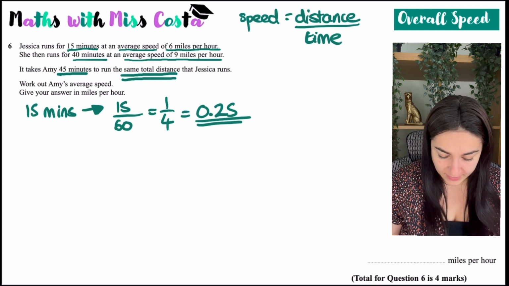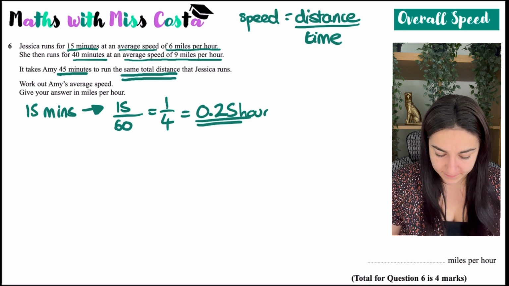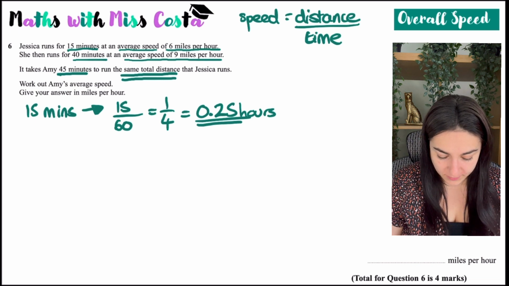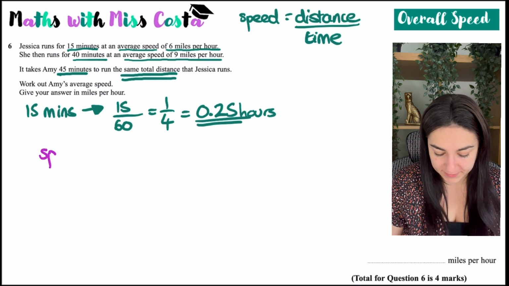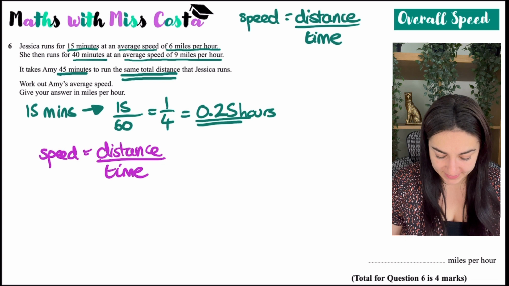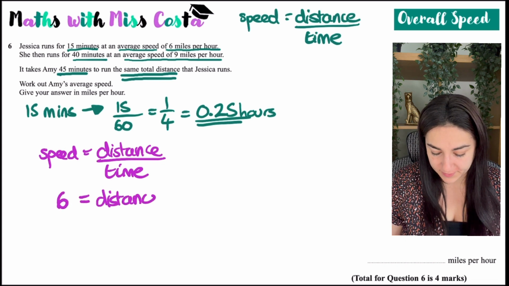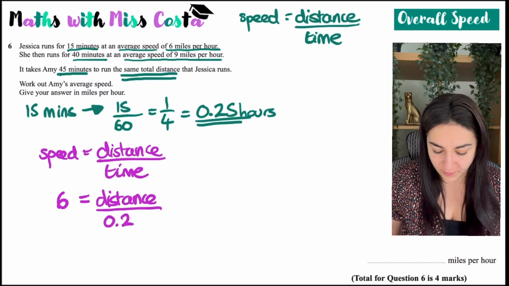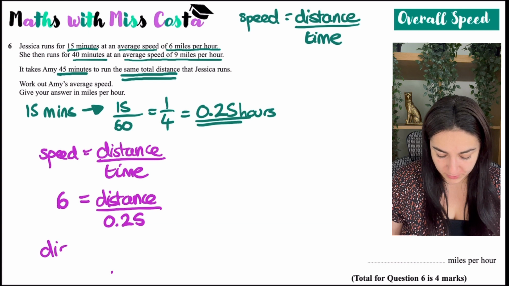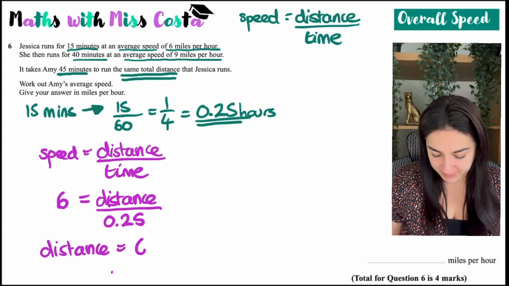So I know that she runs 0.25 hours at an average speed of 6 miles per hour. So using the formula where speed equals distance over time, I'm going to substitute what I know. So I know that her speed is 6 miles per hour. I don't know the distance, that's what I'm trying to find out. And I know the time is 0.25. So to work out the distance, I'm going to do 6 times by 0.25.